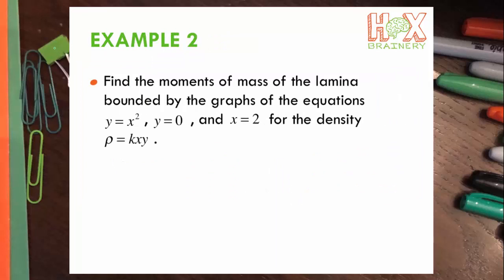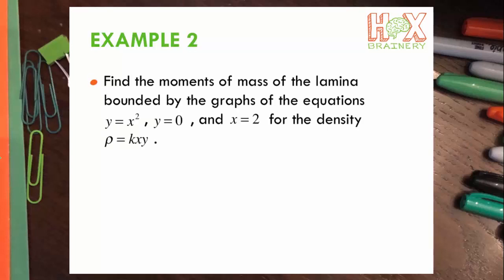So for example 2, we're still working with that same lamina, same equation, same density function. We just want to find the moments of mass. I'm going to go over here to do it. Example 2.